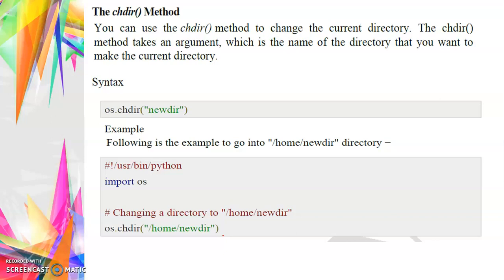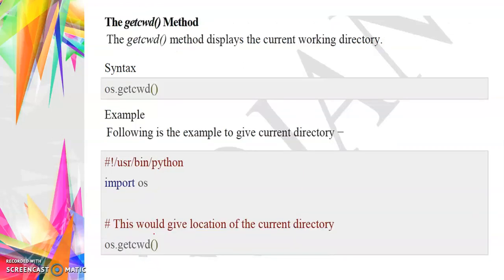If you want to change directory, it is os.chdir, and the parameter is the new directory. Example: import the operating system os module, os.chdir with the directory you want to change to, home new dir. This is the example for change directory.